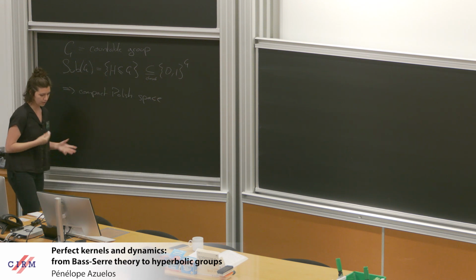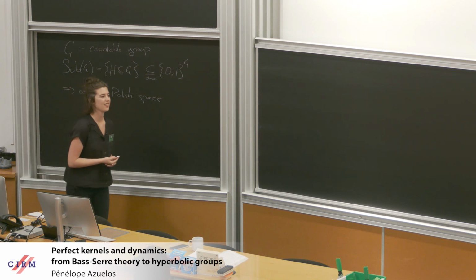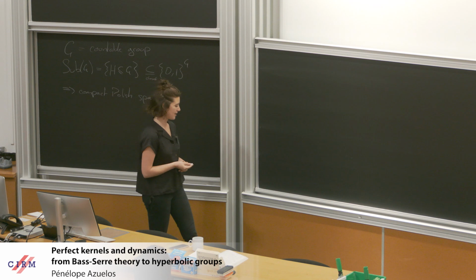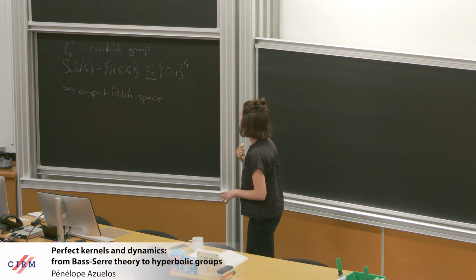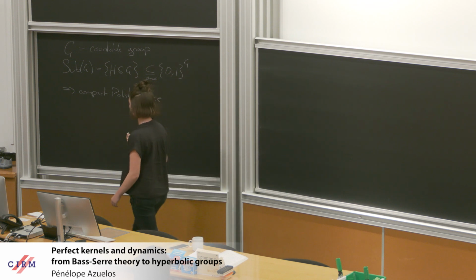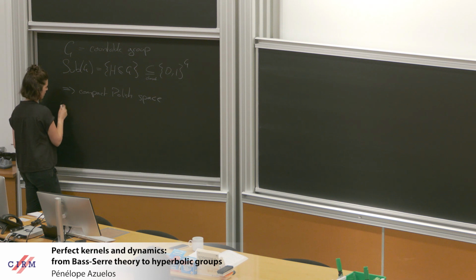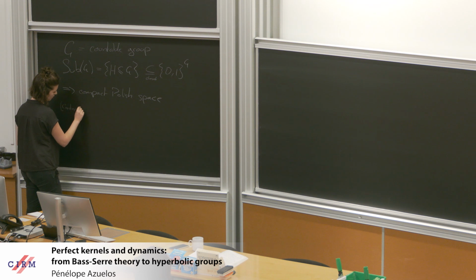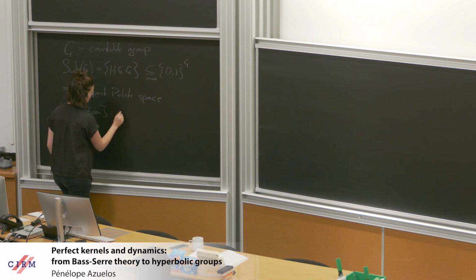Right, so as you can probably see from the title, the object that interests us mostly with this space is the perfect kernel, the largest perfect subspace of the subgroup space. And this is well defined due to a theorem of Cantor-Bendixson, which tells us that any Polish space has this unique decomposition.